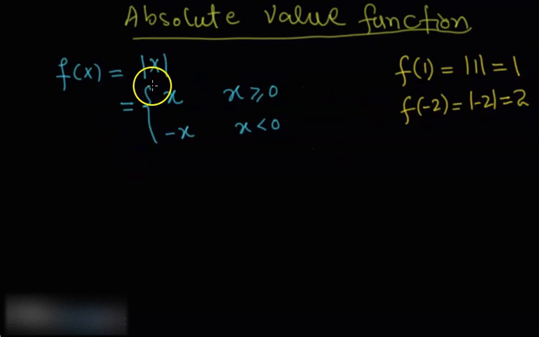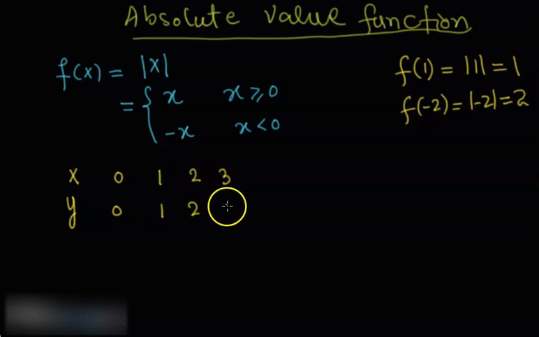How to plot this? We can plot it in many ways. One way could be to check the values of this function for different values of x. Here we have x and here we have y. When x is 0, y is 0. When x is 1, y is 1. When x is 2, y is 2.